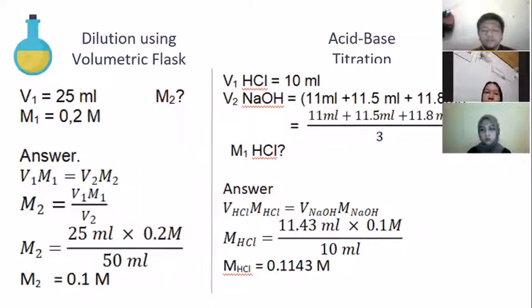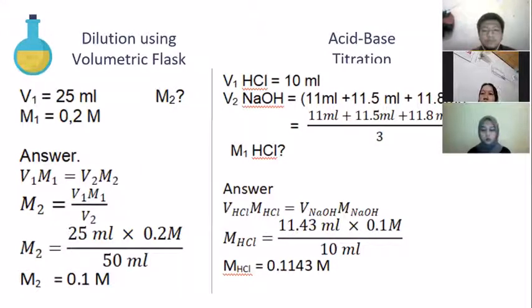It used volume 1 multiplied by concentration 1 equals volume 2 multiplied by concentration 2. And the result is 0.5 molar.